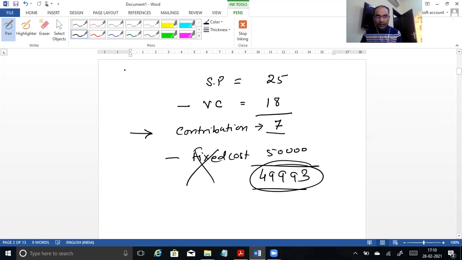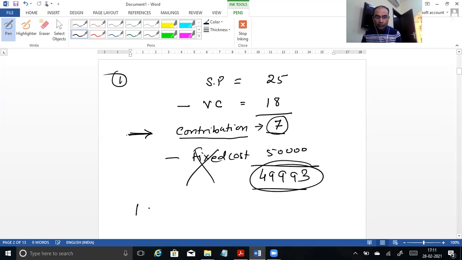Okay. Why is it called contribution? Here we are taking only the example of one unit. So whether my product is profitable or not, if we want to see this, we have to concentrate on this contribution. As beautifully we have named it as contribution, because it is contributing 7 rupees for every one unit sold.